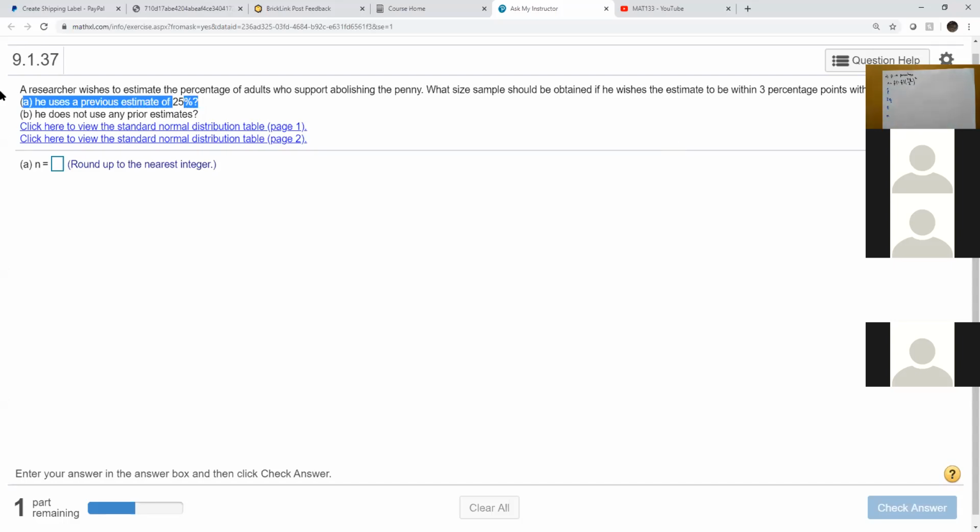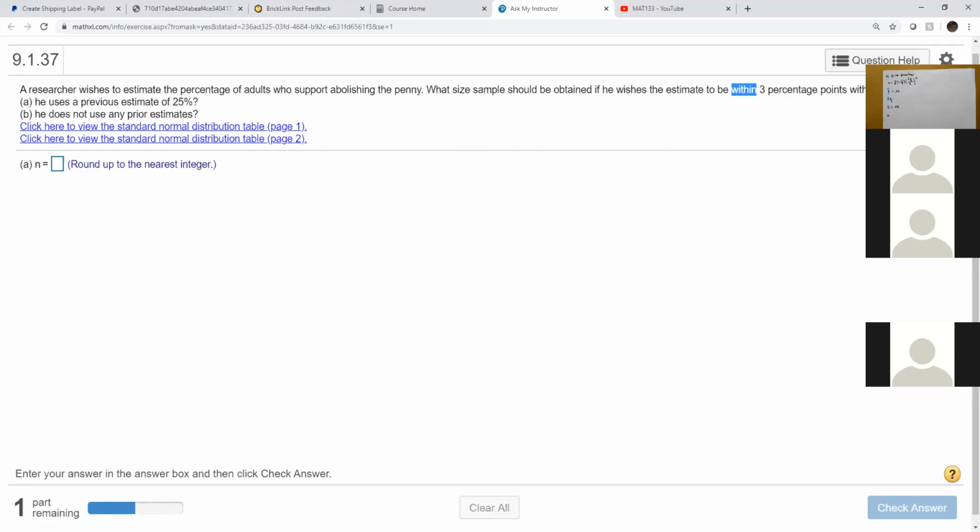So in part A, it says a previous estimate. For me, it was 0.25, so I know that's my p hat. Up here, it says within 3 percentage points. I know that's my error. That key word is within.